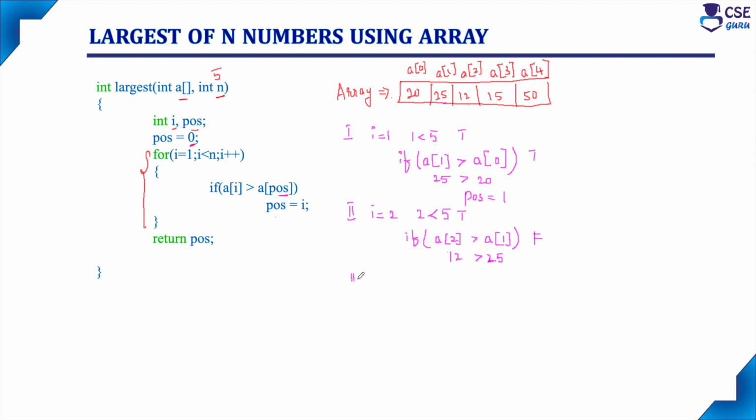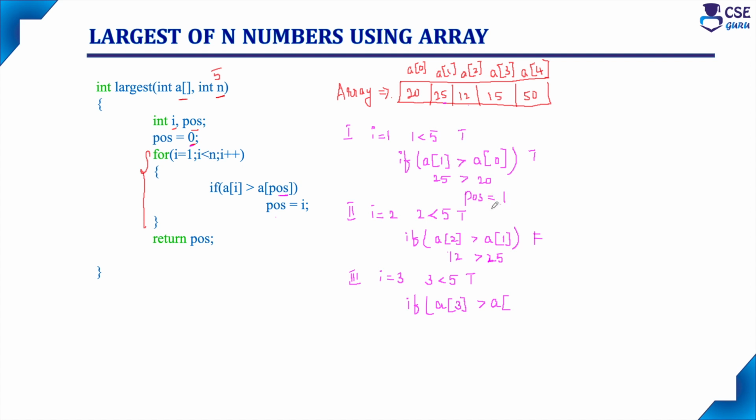Then third iteration of for loop, i is equal to 3. i gets incremented to 3. Check the condition whether 3 less than 5. Condition is true. Then the for loop will execute once. That is, if A of 3 position value is greater than A of position. Position is nothing but 1 only. We have not changed it.